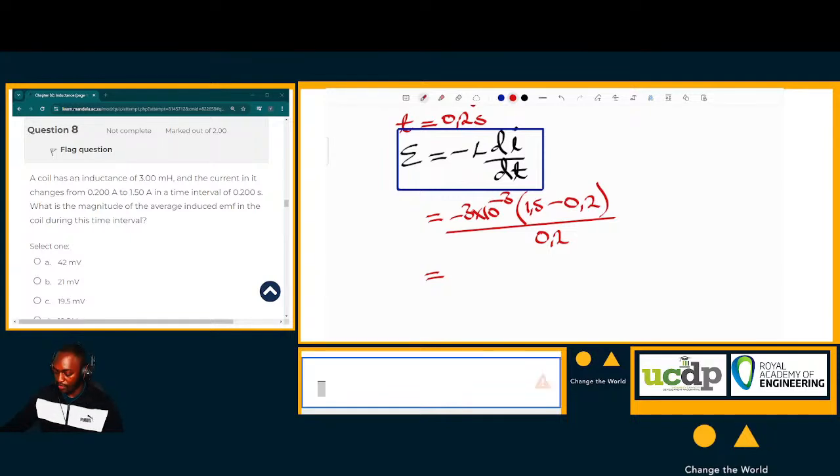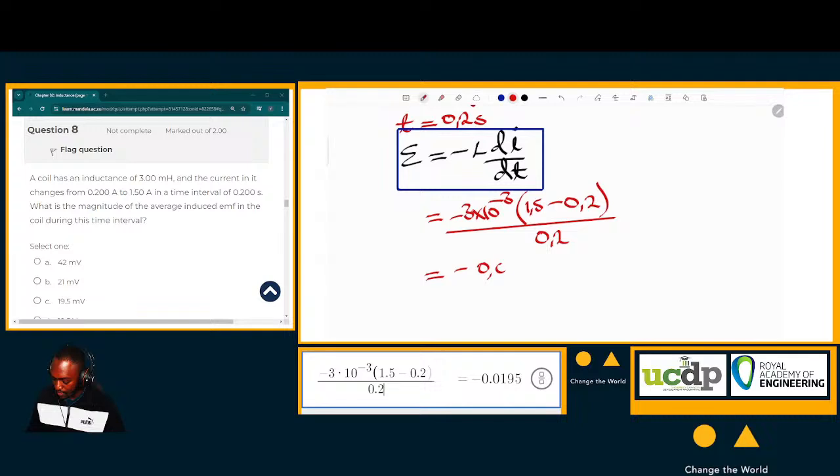You can punch also to confirm. Over 0.2, I get a negative 0.0195 volts.